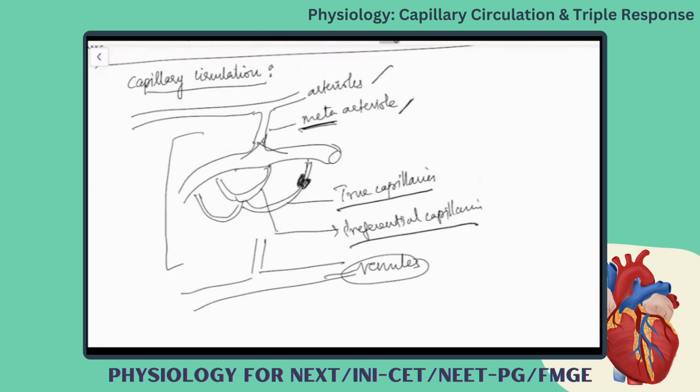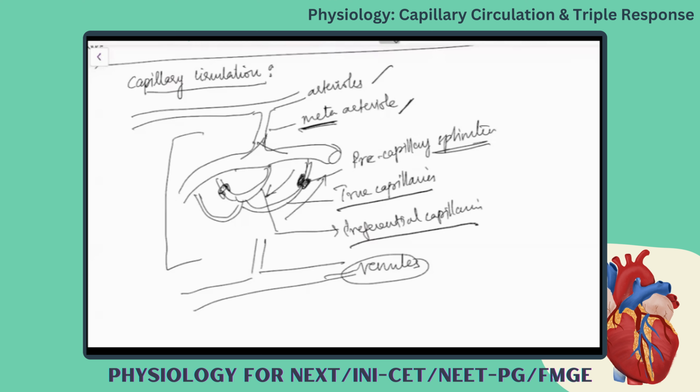So at this position, you will also have the precapillary sphincters. Sphincters are valve muscles, present in the smooth muscles, which will also act like a valvular mechanism, in the sense that there is movement of blood in this capillary system in either direction.